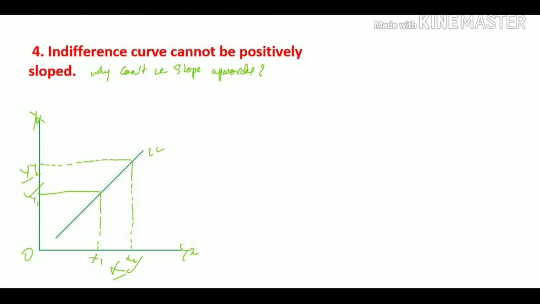Here every point shows the consumer getting more units of X and Y when he moves from point A to B and from B to C and so on.